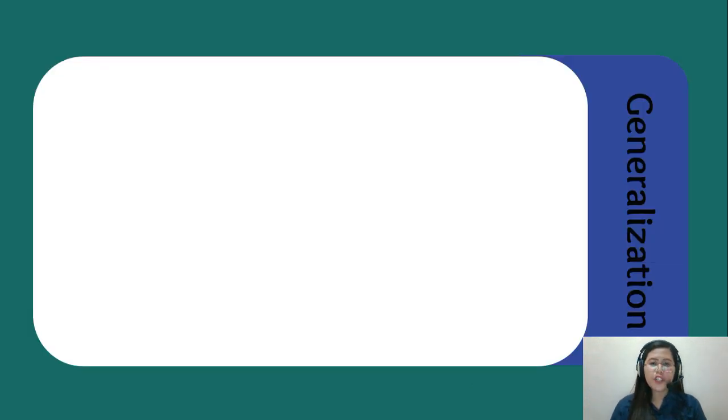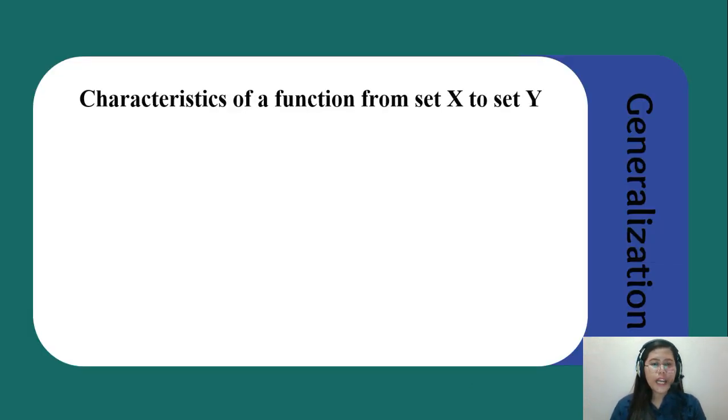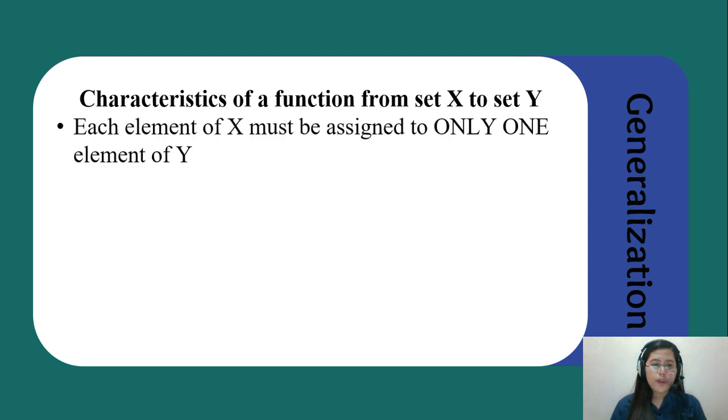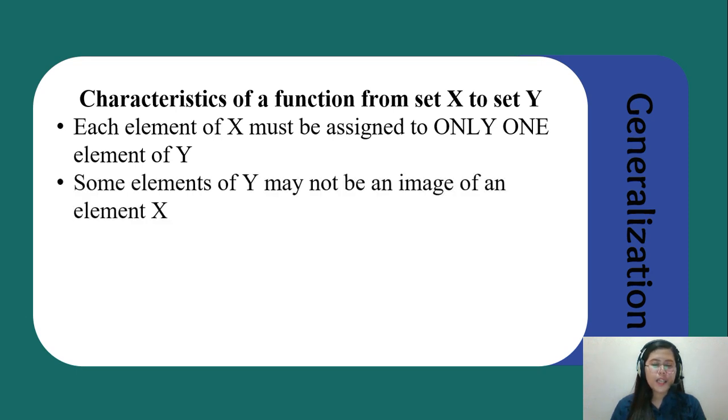Okay, now, generalization po tayo. Characteristics of a function from set x to set y. First, each element of x must be assigned to only one element of y. Ayan. So, dapat po, nag-iisa lang daw ang x mo. Unique siya. Hindi siya pwedeng maulit. Some elements of y may not be an image of an element of x.